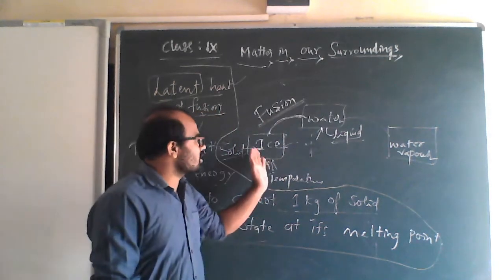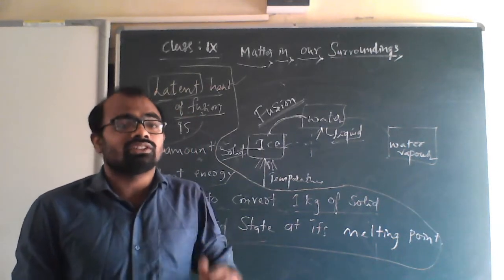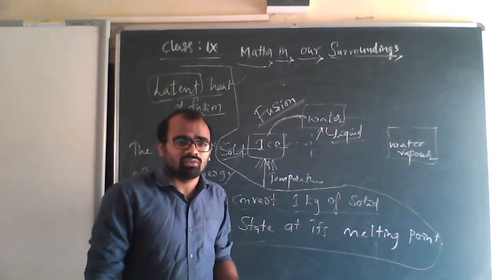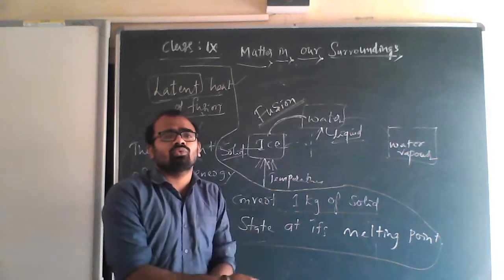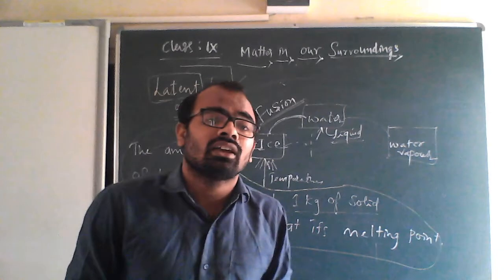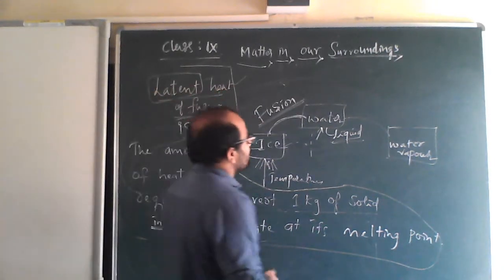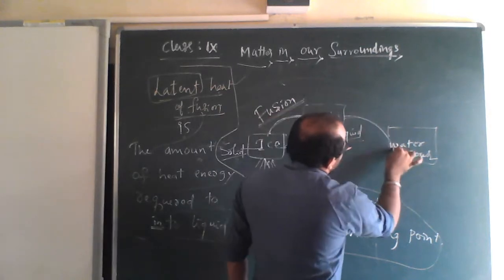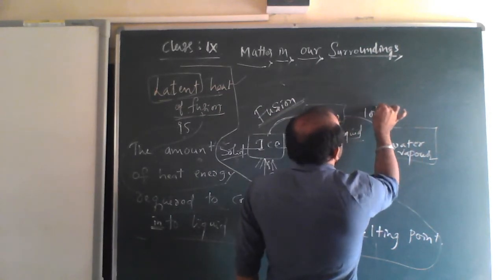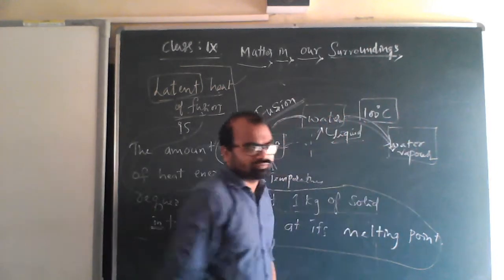That means once ice is completely converted into water, there is no conversion. Now again the temperature starts increasing as we give heat. Now at one point of time, let me say 100 degrees Celsius, water starts converting into water vapor.